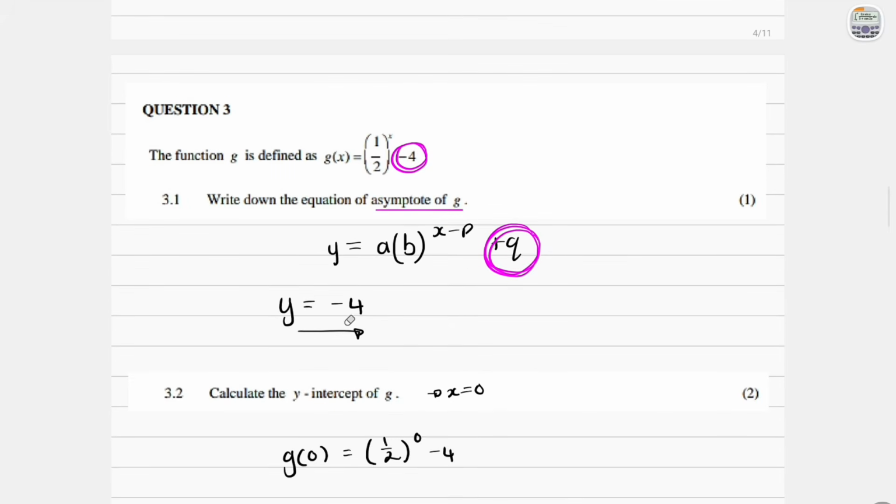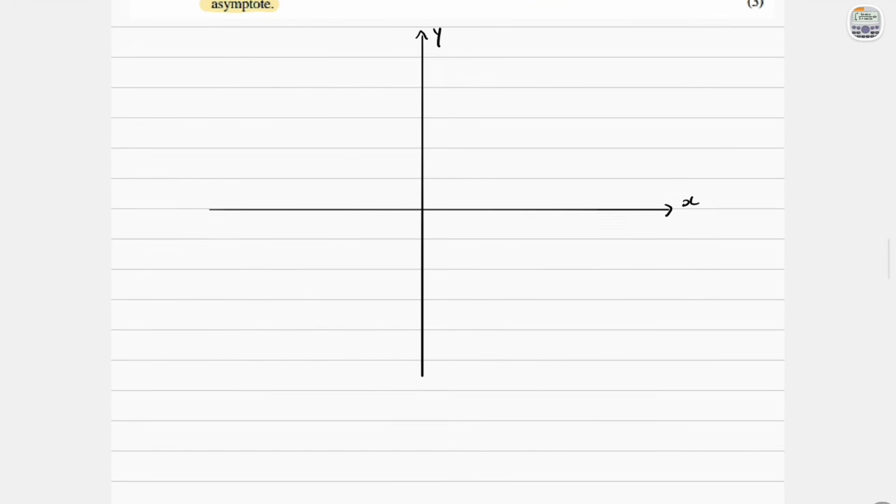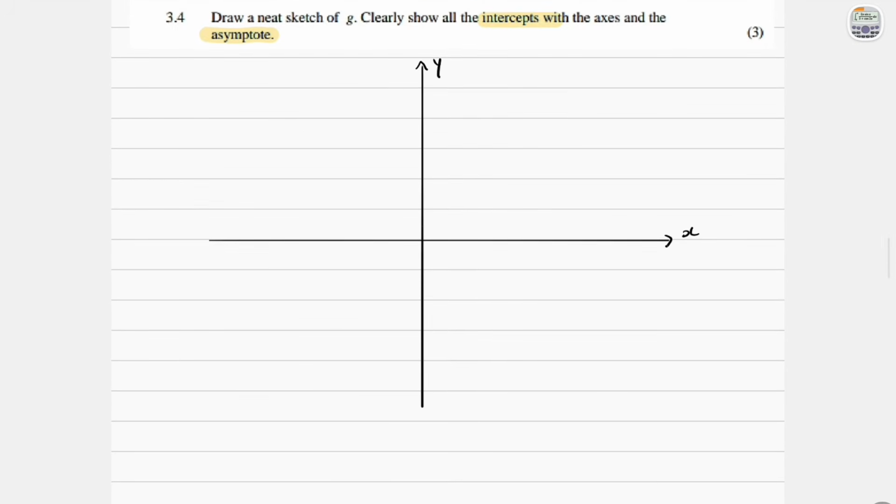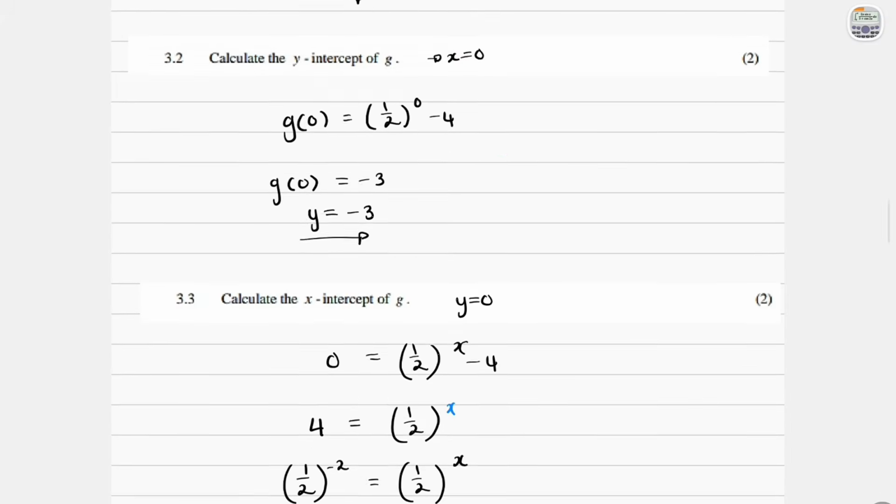It says y equals negative 4, so it's going to be a line. You can go ahead and draw a horizontal line, y equals negative 4, and either show that it passes negative 4 on the y-axis or write y equals negative 4 so they know this is the asymptote.